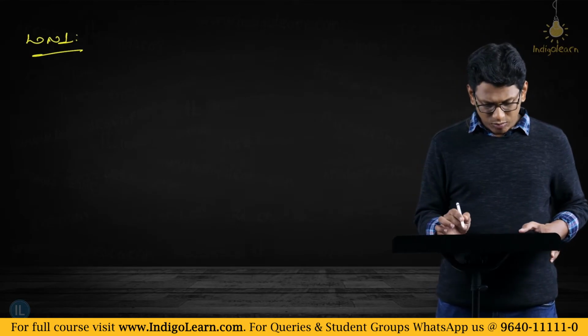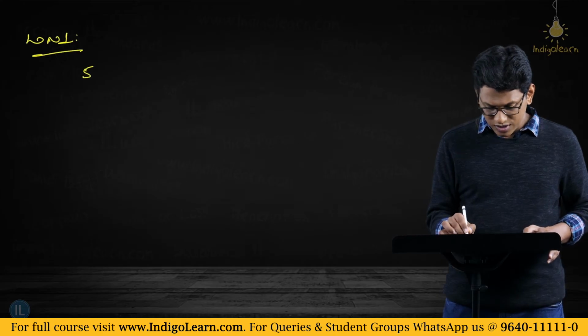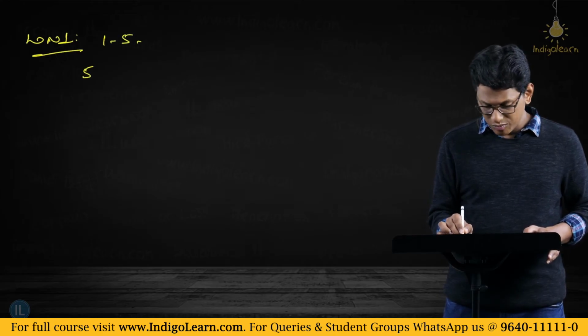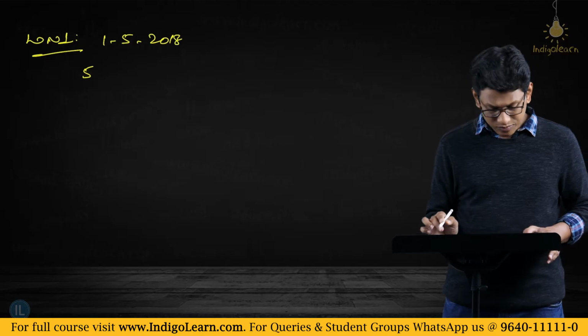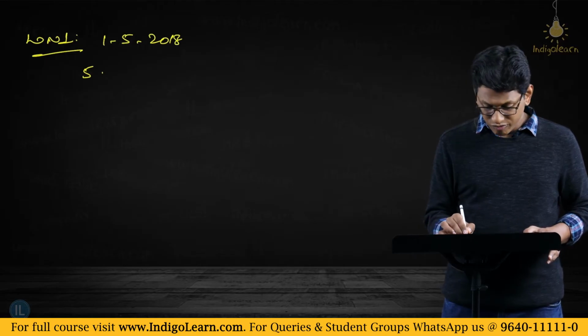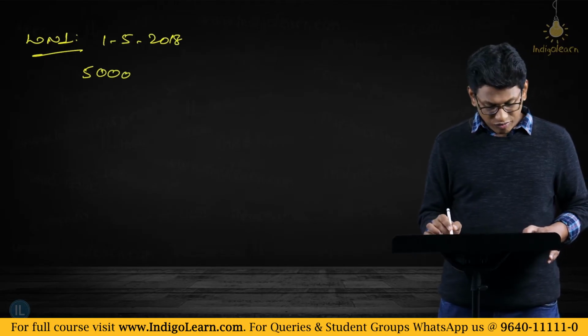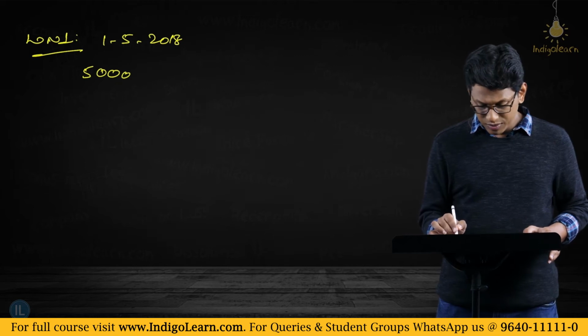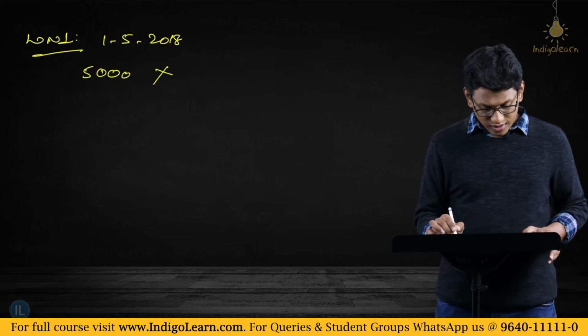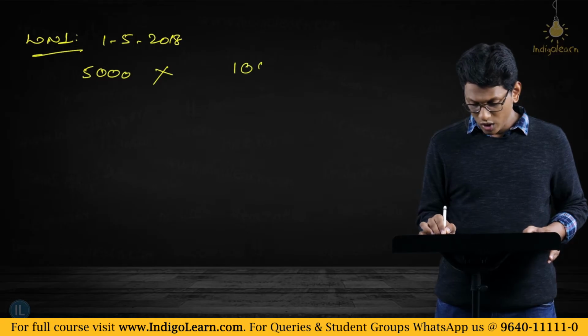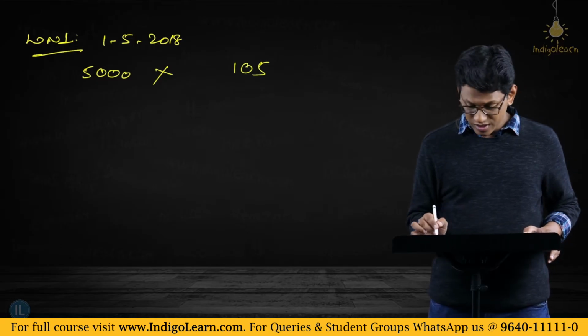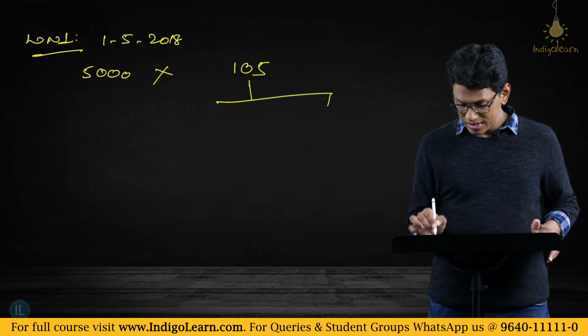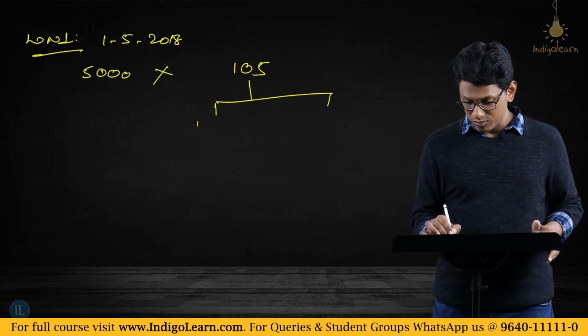What is the number of debentures purchased? So, this is calculation for 1st May 2018, we purchased 5,000 debentures. 5,000 debentures have been purchased at what value? They have been purchased at 105 cum interest, okay. 105 cum interest means in this, what is the principal portion?